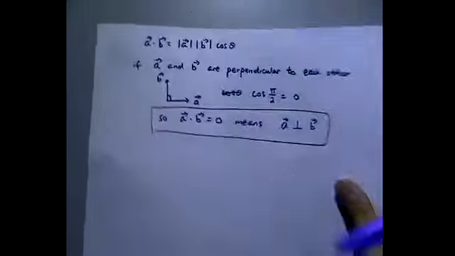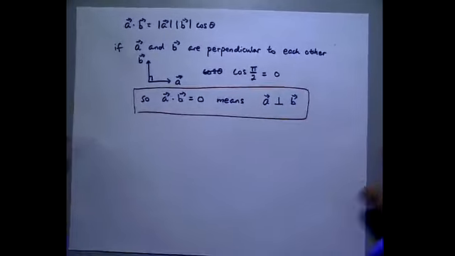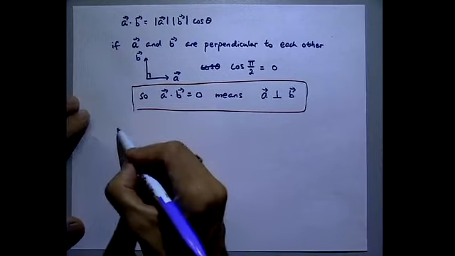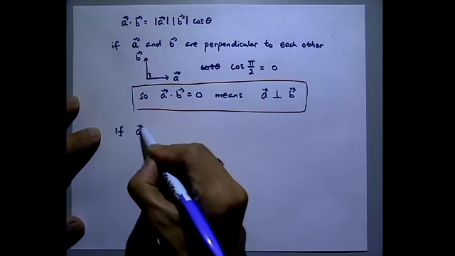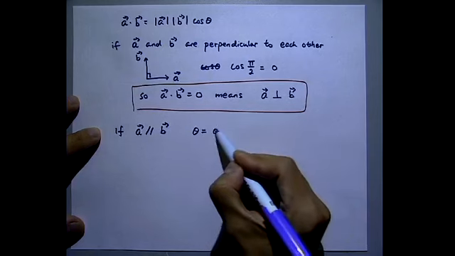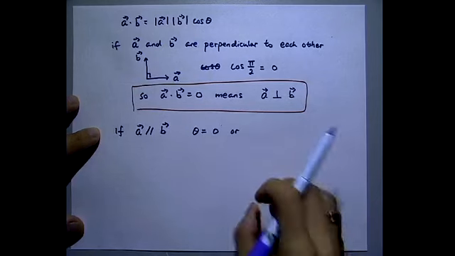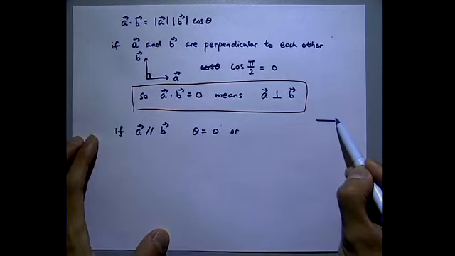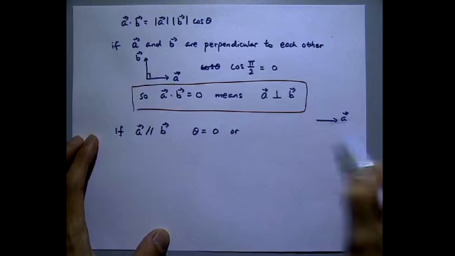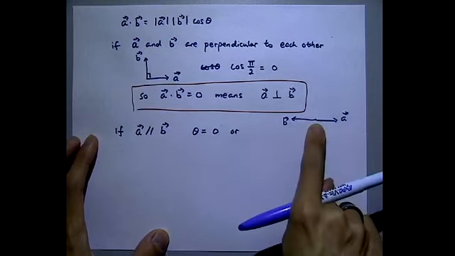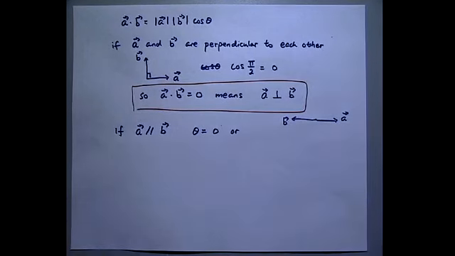Actually, let's finish the thought here. And therefore, if two vectors are parallel, then theta, the angle between them, if you look at two parallel vectors, it could be like that, parallel to each other but pointing in the opposite direction.